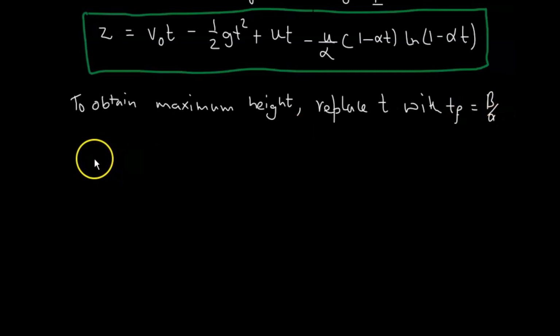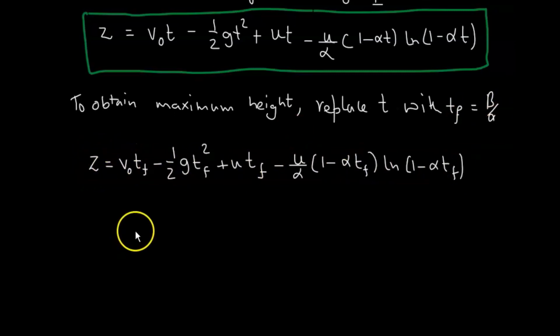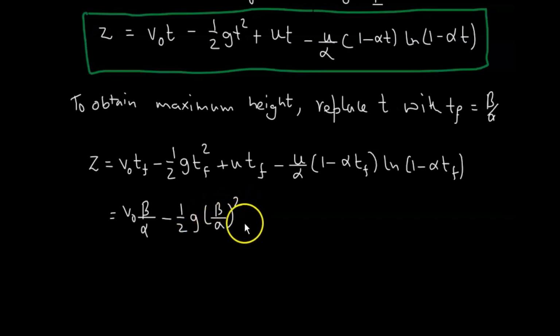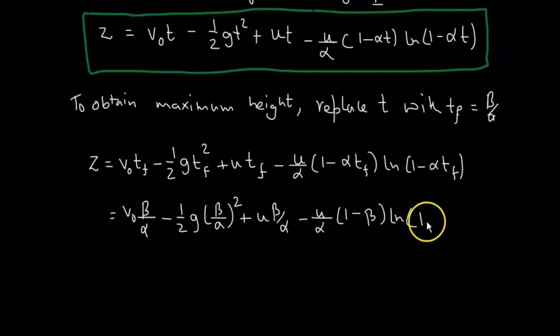So our expression is z equals, replacing the value of TF with beta over alpha, minus half g times beta over alpha whole squared plus u times beta over alpha minus u over alpha times 1 minus, so alpha times TF will be beta, times natural log of 1 minus beta.